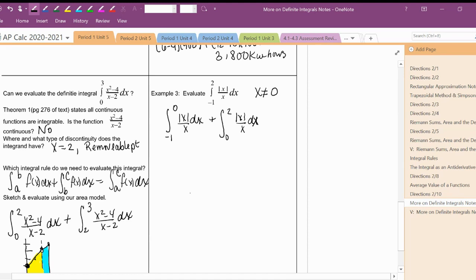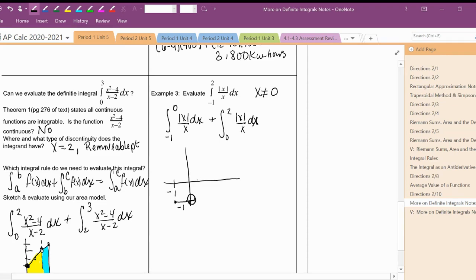Let's graph it out. So I'd have -1, absolute value of -1, divided by -1. That would also be a -1. And that's what it equals this whole entire time until I get here. At 0, it doesn't exist, as I can't allow x to be 0.